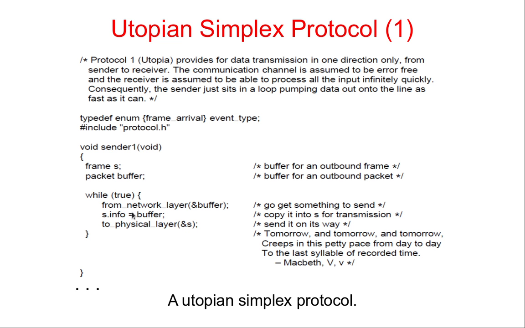The info part of that will be filled with the packet payload, that is the buffer we have just taken from the network layer. And the frame is given to the physical layer for transmission to the receiver. So to_physical_layer will be called with s, which is nothing but the frame. And all this is done in an infinite while loop.